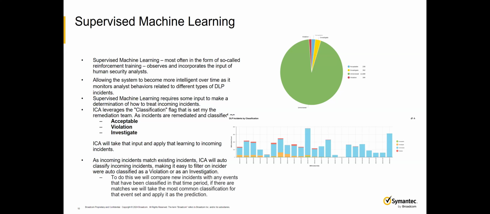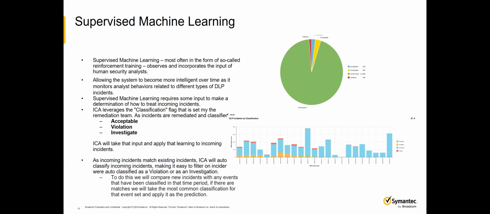Should this incident be investigated? It is input that drives this supervised machine learning. We call this reinforced training for the ICA system. So it will have, based on that algorithm, an idea of how it would treat an incident. What it then uses for this supervised machine learning is its own education from that analyst input.